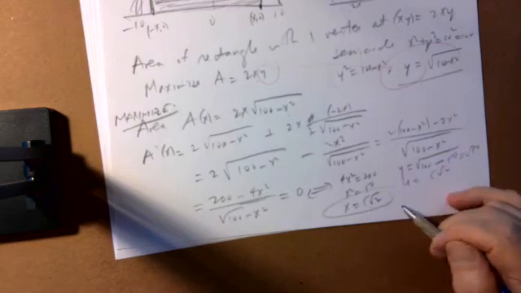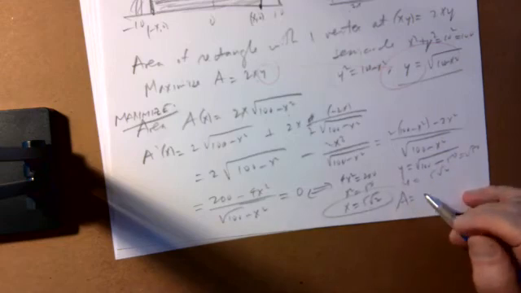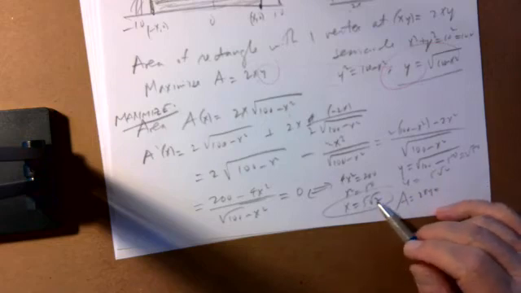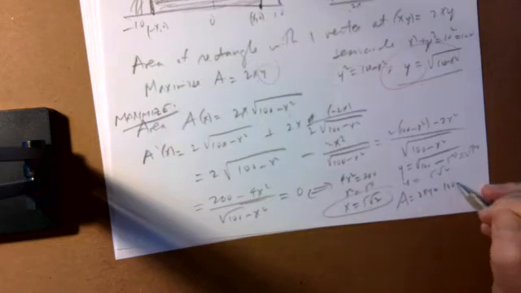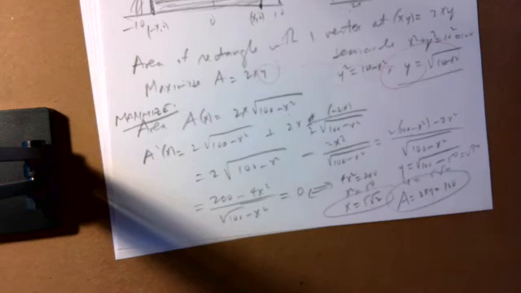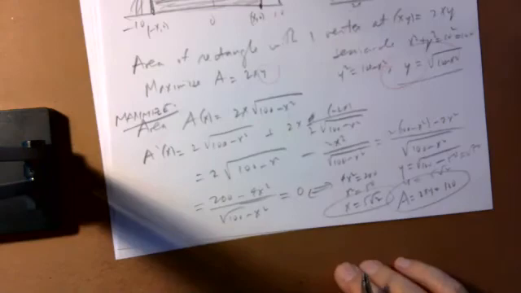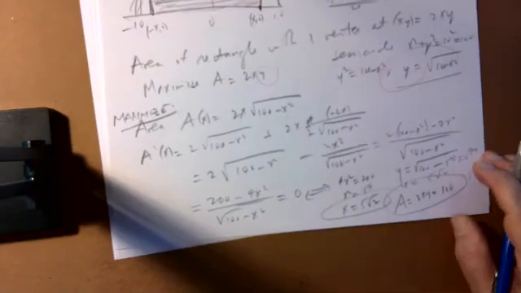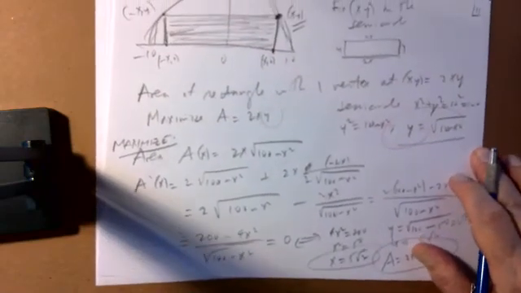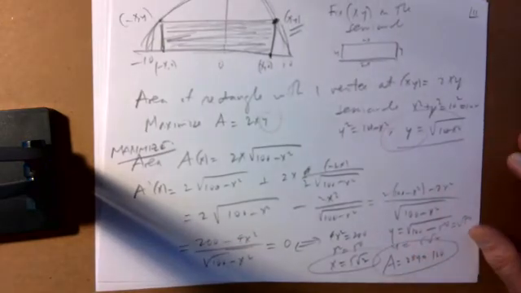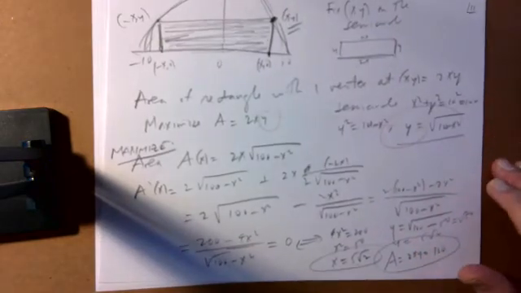And at that point, the maximum area, 2xy, is 25 times 2 is 50, times 2 is 100. So the maximum area is going to be 100. This is the type of problem we did several times in class and in the homework.